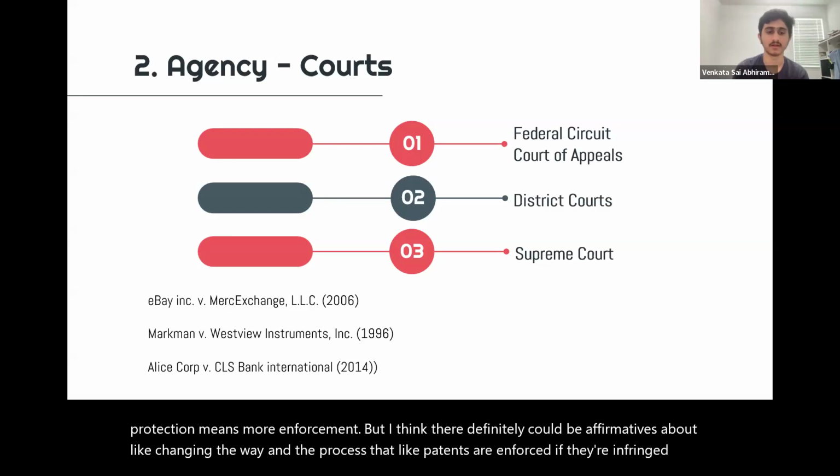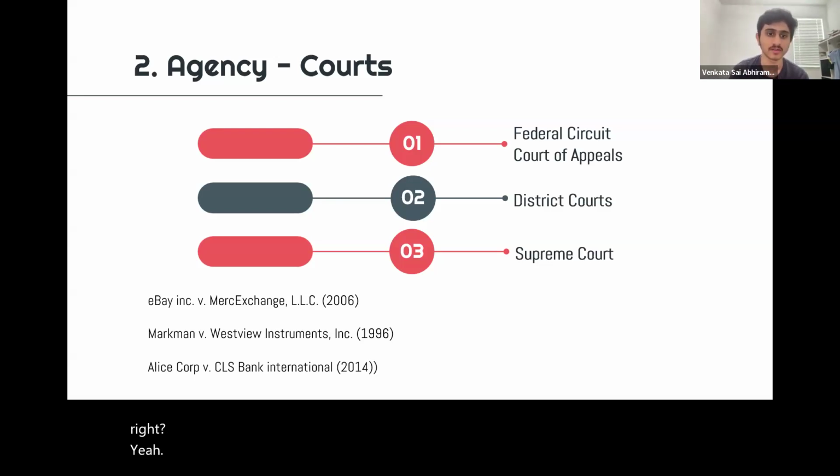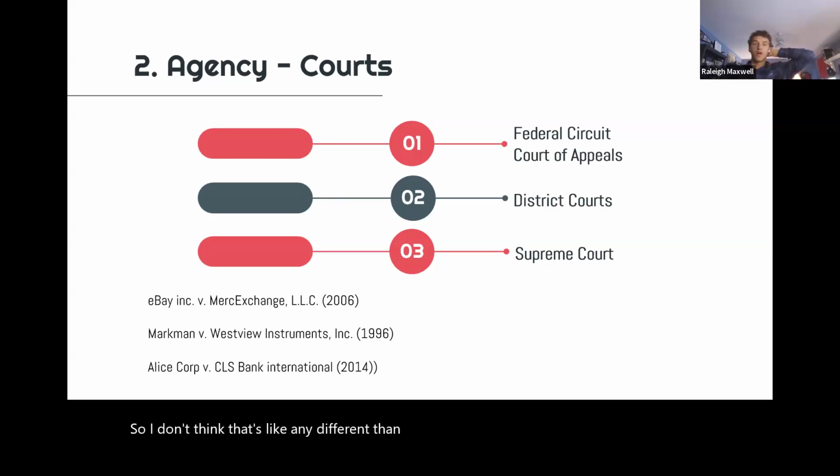Yeah. And another thing I have is about the docket in courts. How does the docket for intellectual property work, especially in relation to court cognizance? I don't think it's any different than other cases. It's generally based on how the judge wants to manage their own docket.